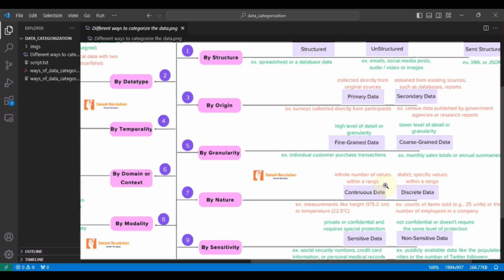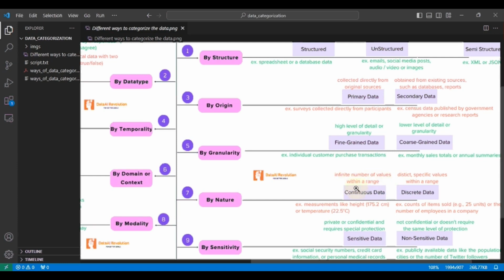We will start with 1, and let's assume we have a maximum age of 120. If we are considering only integer values, so there are fixed specific values in this range, then it becomes discrete. But if we consider age in fractional points also, so age is 3.5 years, 3.75 years, 9.16 years, then it becomes continuous data. So an infinite number of values within a range.